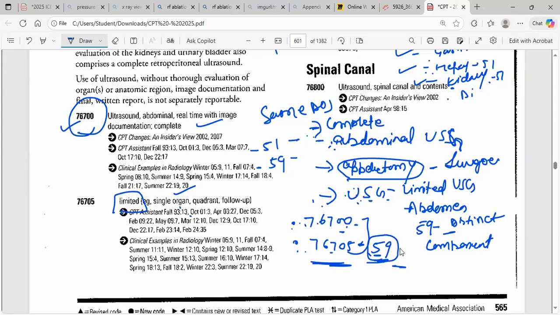This point is clear to everyone, right? Yes, ma'am. Perfect. Good. So now let's move further.